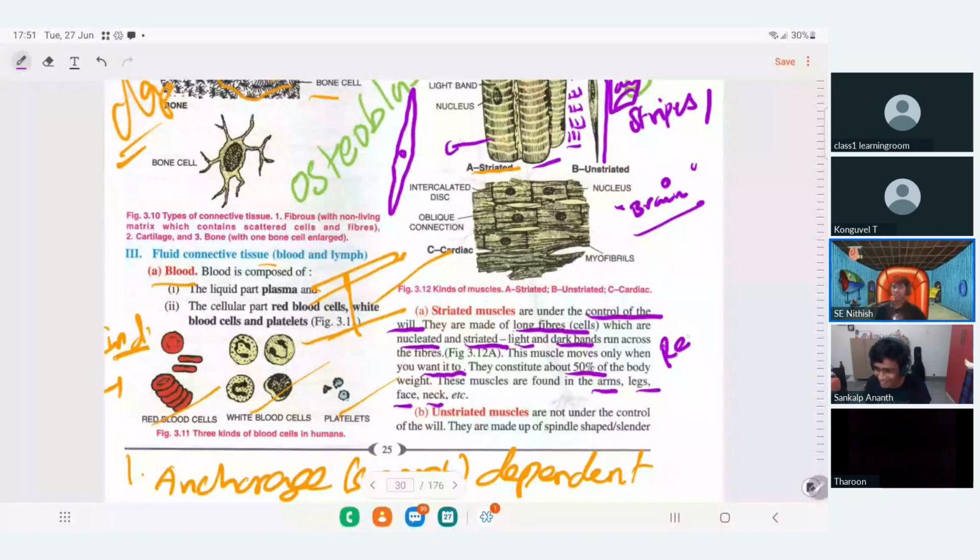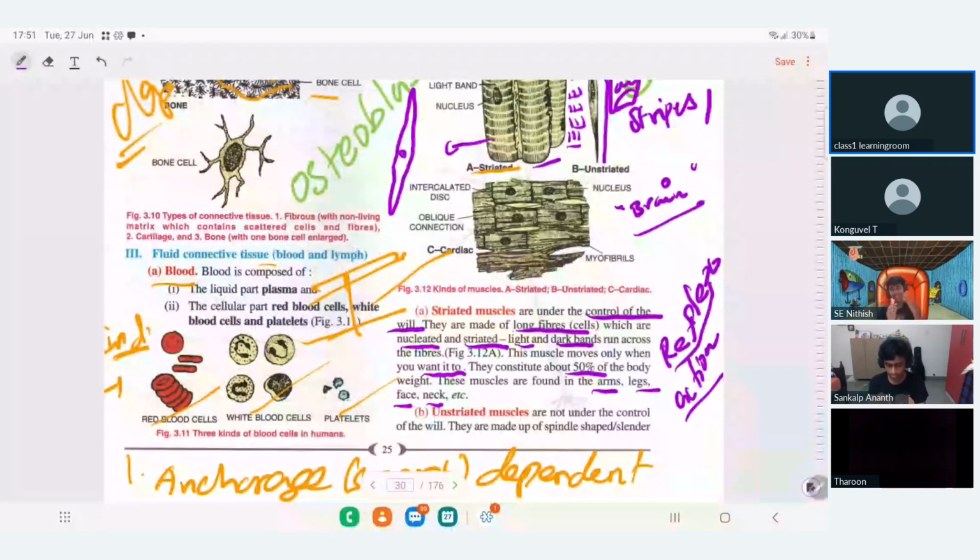What is called a reflex action? It is a response to external stimuli. For example, when you touch a hot pan, you immediately take your hand away, even faster than you can think.